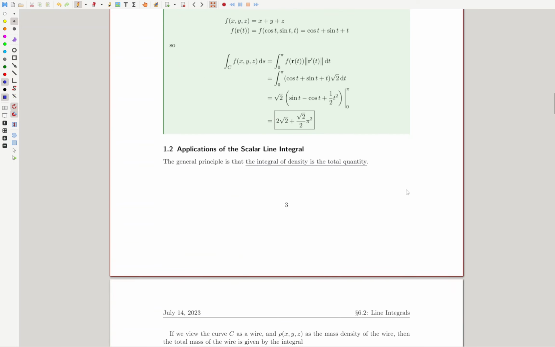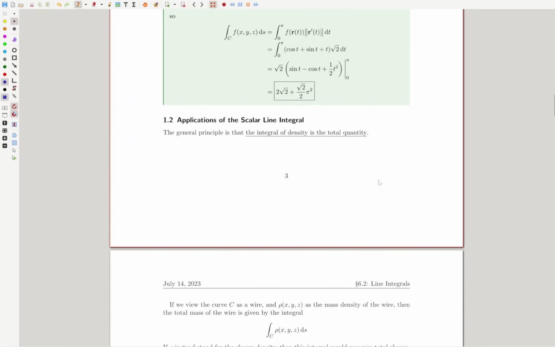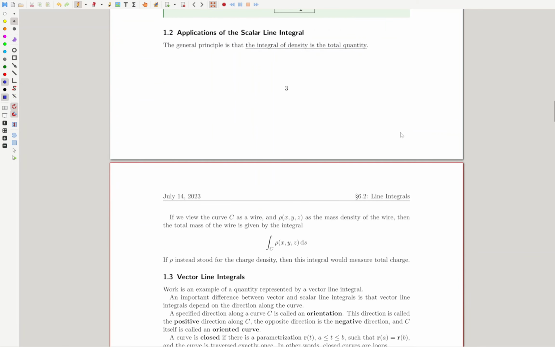Now some applications of scalar line integrals. In general, the physical notion is that your function inside can be thought of as some form of density, and so the integral of a density function ends up measuring the total quantity of whatever the density is measuring.